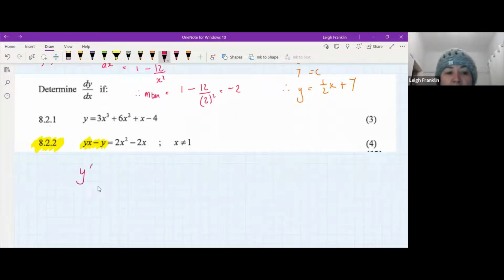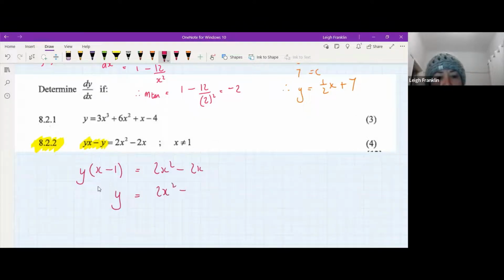All right, and then that will give us in brackets x minus 1 equals 2x squared minus 2x. Now to make y the subject of the formula, we have to divide both sides by the bracket. So now y is the subject of the formula, and we will divide 2x squared minus 2x by x minus 1.